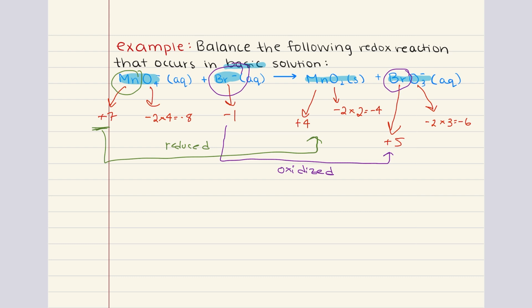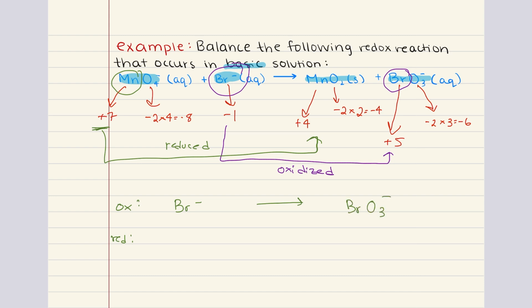And that helps us move into step 2, where we want to separate the overall reaction into 2 half reactions, our oxidation half reaction and our reduction half reaction. For our oxidation half reaction, we're going to have our bromide ion on the reactant side, and our bromate ion on the product side.